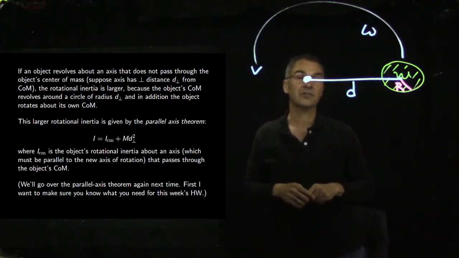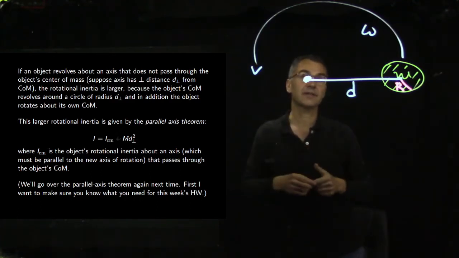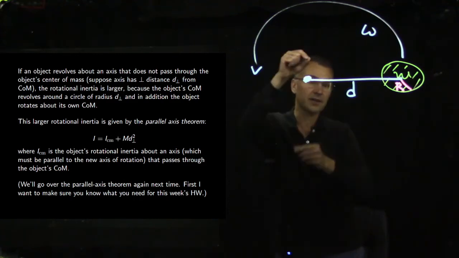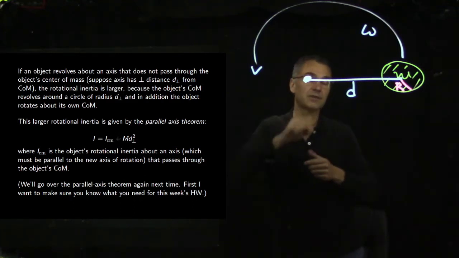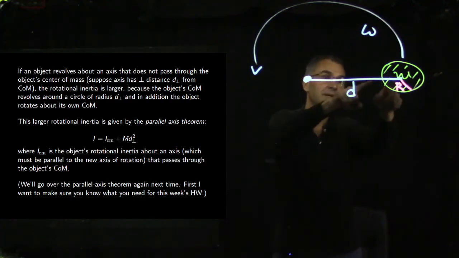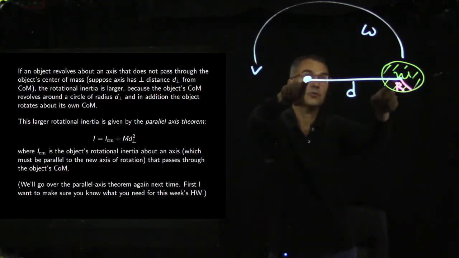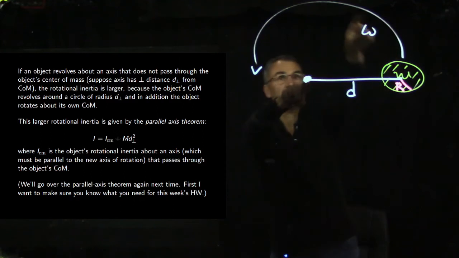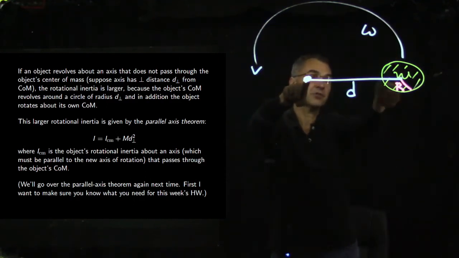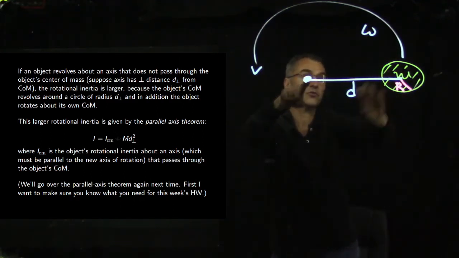So the parallel axis theorem lets us do that. And again, this works by analogy with that kinetic energy calculation that we did for the rod about its end rather than about its center. It's the same idea. If you want to understand the kinetic energy of this object not about its own center but about this displaced center, you could treat the motion of its center of mass separately from the motion of itself about its own center of mass.